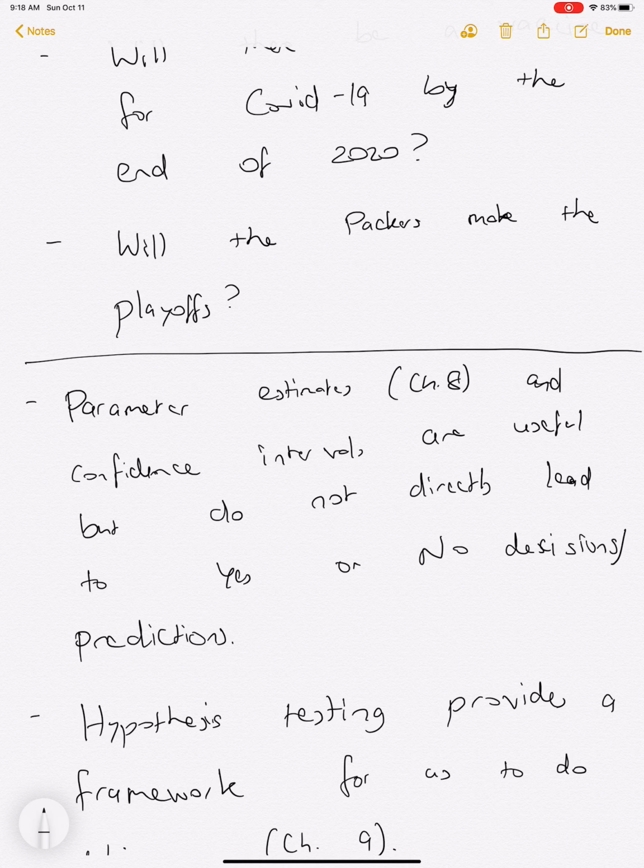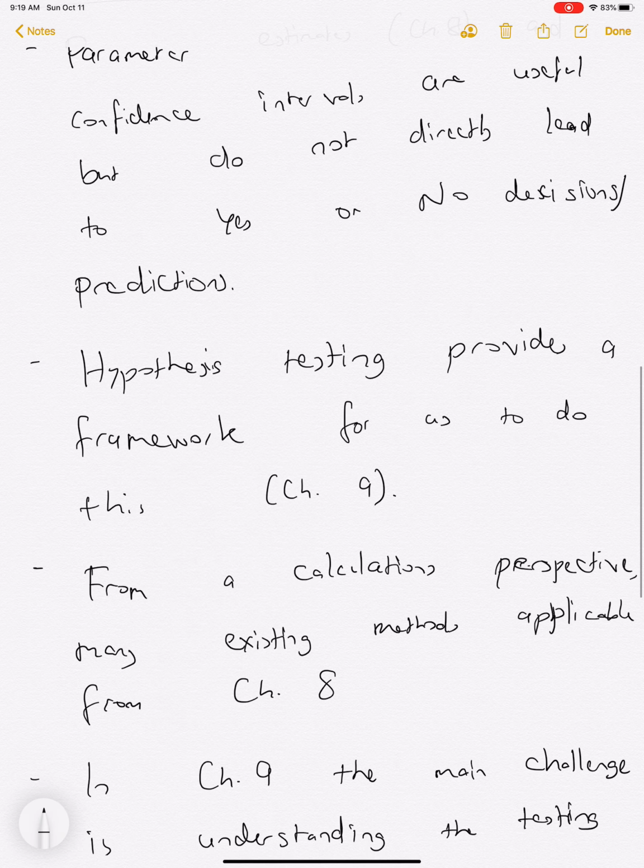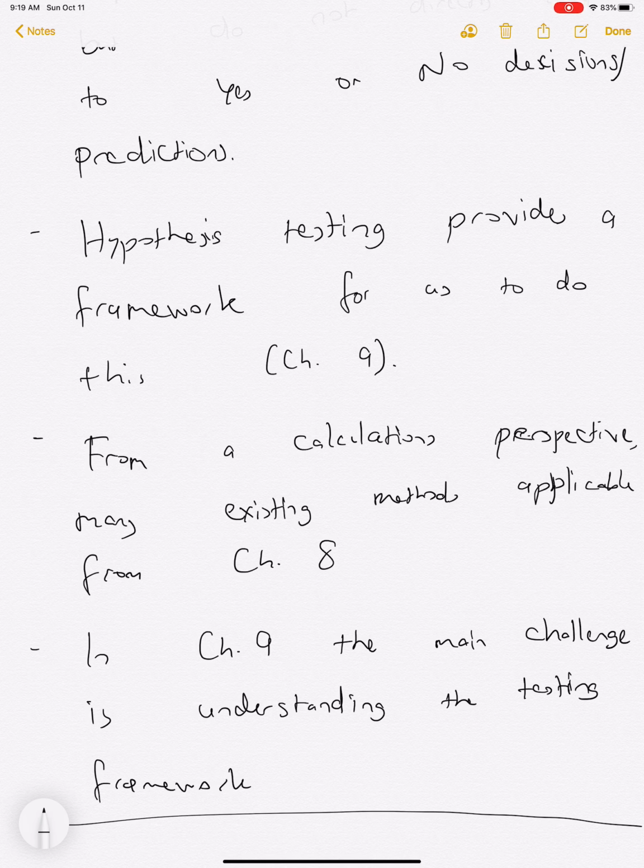Hypothesis testing, which is what we're learning about in chapter 9, allows us to develop such a framework. We're going to be able to answer yes/no questions by putting them in a hypothesis testing framework that we're going to discuss starting today.